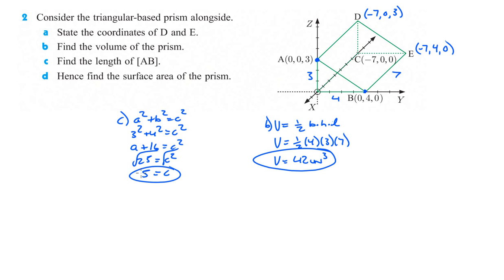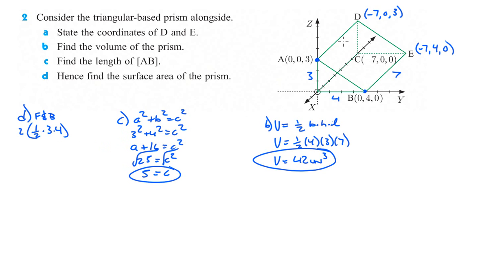Okay? Hence find the surface area of the prism. So that means now we've got to find the area of all these faces. Let's do this for D. I like to list them all off. So front and back are both going to be 1/2 of 3 times 4, but there are 2 of those because it's front and back.